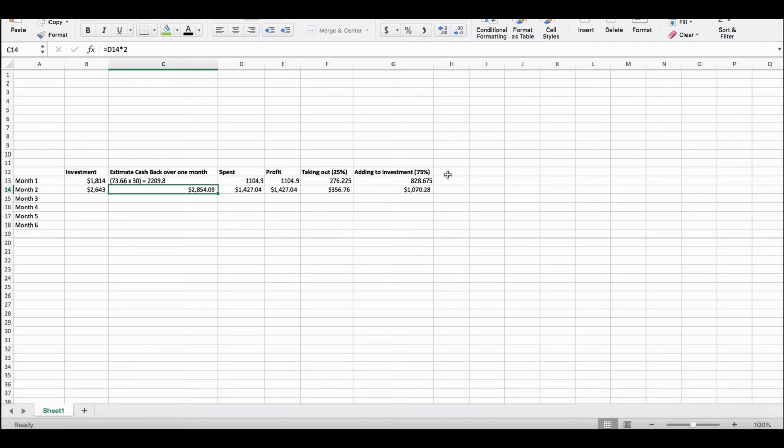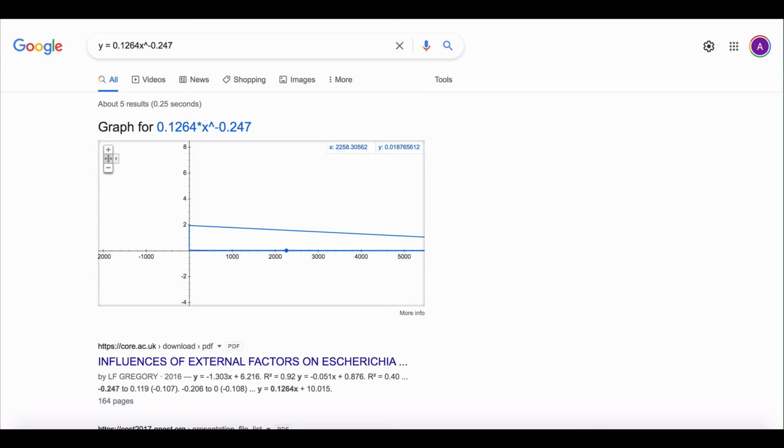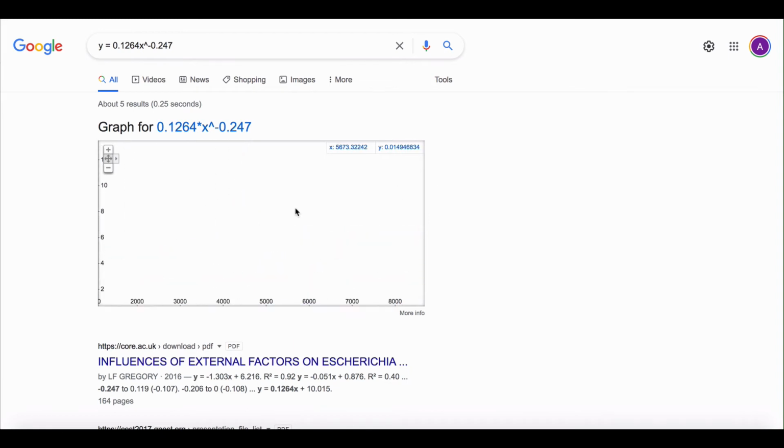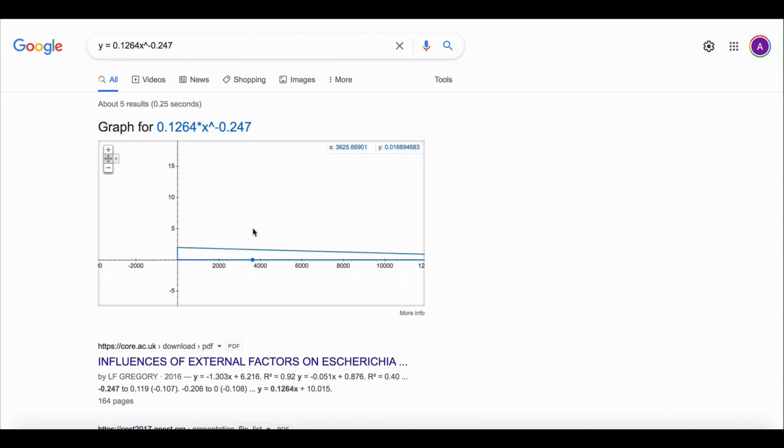Basically, then what happens is we've got our investment, and how do we work out this new cash back? So what we've done is we've actually created a formula with a few people's current values of what they've been getting, their results and everything like that.